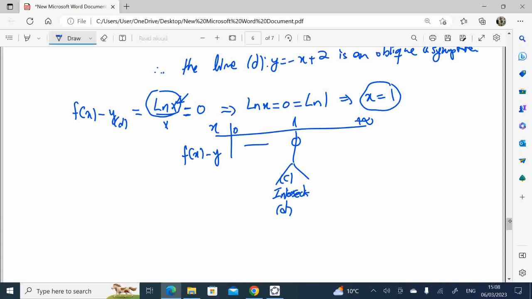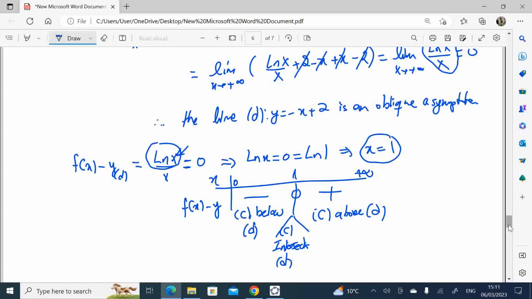For greater than 1, if I give x any value greater than 1, 2 for example, ln 2 is a positive value, ln 2 over 2 is a positive value, so this is positive. So here negative means C below D, this side C above D. So this is the relative position between C and D.